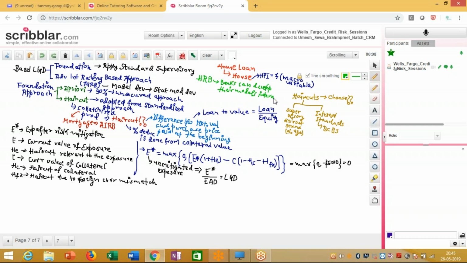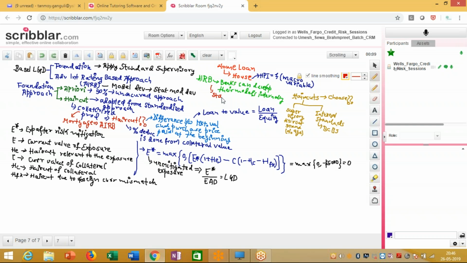This is where the question of statistical model development comes into play, and this is the part which is most sought after these days, the statistical model development.